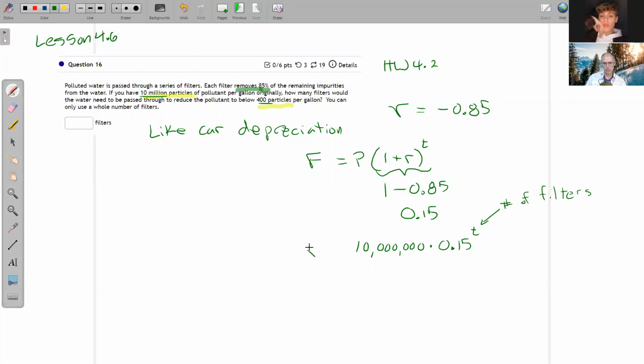I called it F before, so we'll just go with that. In this case, F is the remaining particles per gallon, because that's what we're measuring, particles per gallon. So we want to know how many filters we need to get it down to 400. So 400 is our goal.